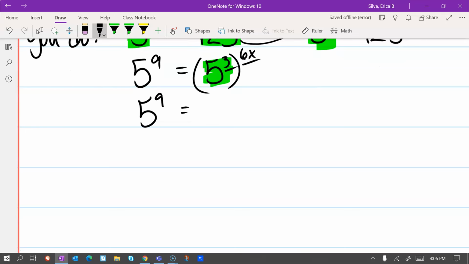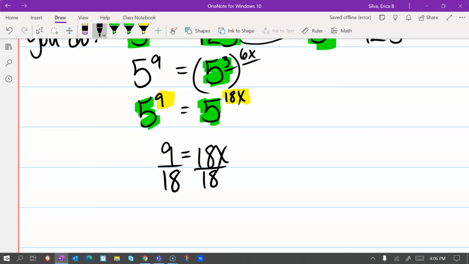And then we have 3 times 6x, that gives us 18x. Now that our bases are the same, we set our exponents equal to each other, and 9 equals 18x. Divide by 18, and x is equal to 1/2.